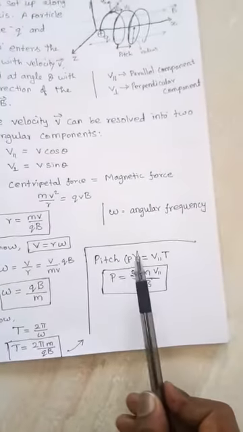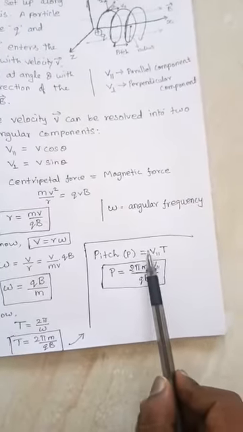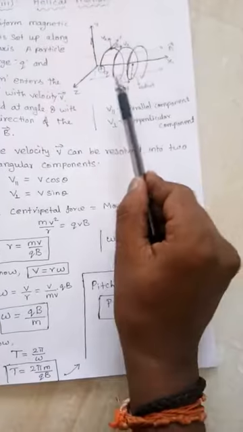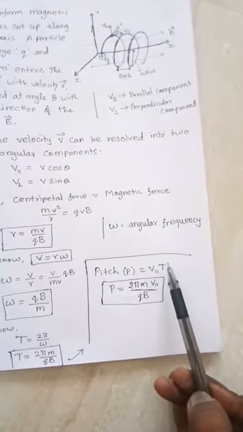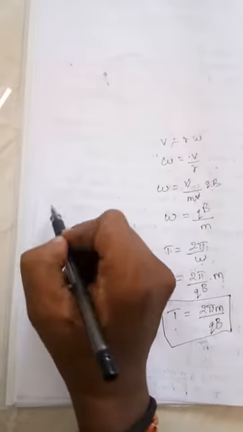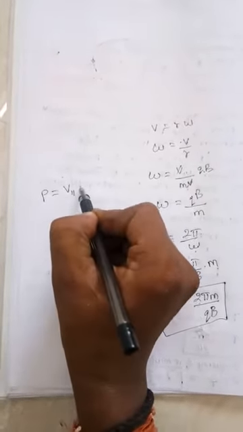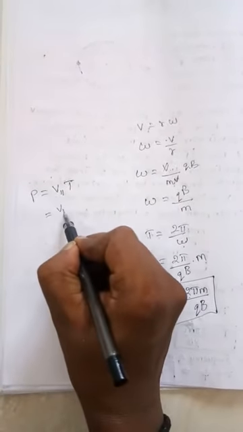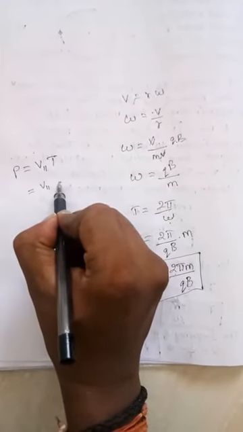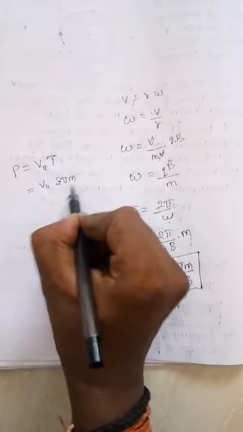The pitch formula is P is equal to v into T. In the parallel direction, you have to substitute v parallel. So the pitch formula is P is equal to v parallel times the time period T. You already know that one, 2 pi m by qB. Substitute here 2 pi m by qB.